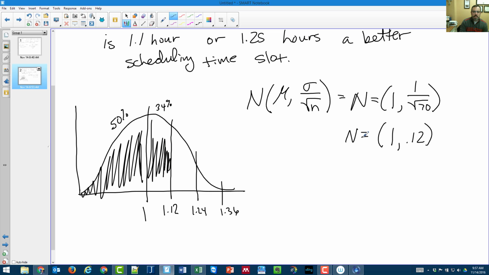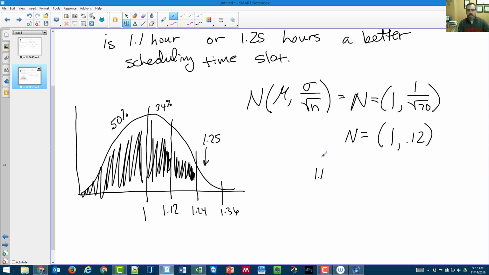So if I scheduled 1.1, I know already that I am going to be late at least a little bit more than 16% of the time. If I schedule 1.25, if you go all the way over to here, I know I'm going to be on time a lot more often. So I'm going to guess that it's the 1.25, but let's see how late we are.